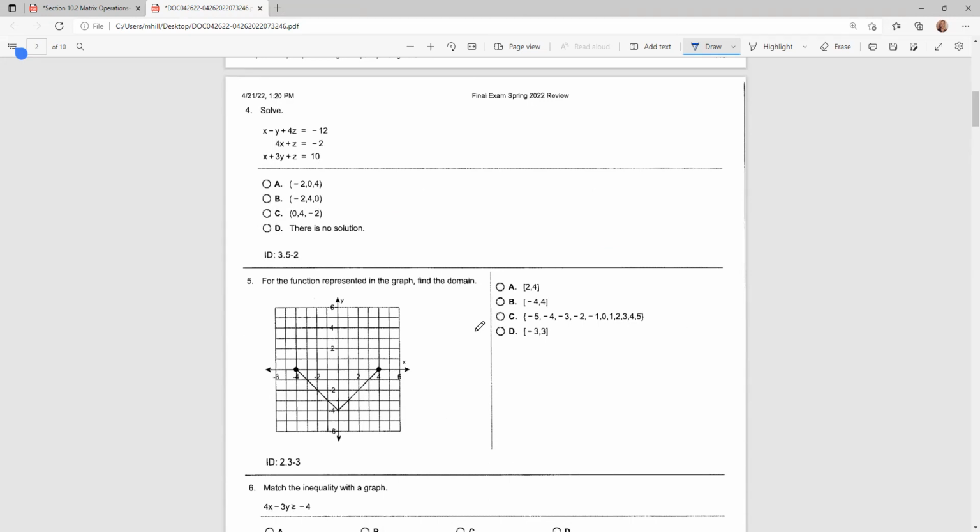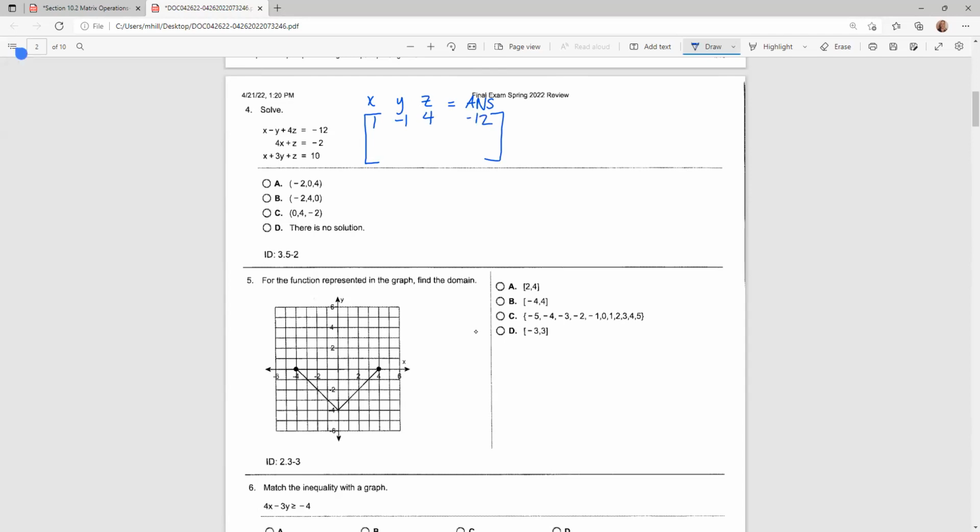Solve this system of equations. We just got through talking about matrices again, and that's what I think the majority of you are going to do on this one. You would make sure your x, your y, and your z's are lined up, and then you have your equals lined up. So we have 1x, -1y, 4z is equal to -12.